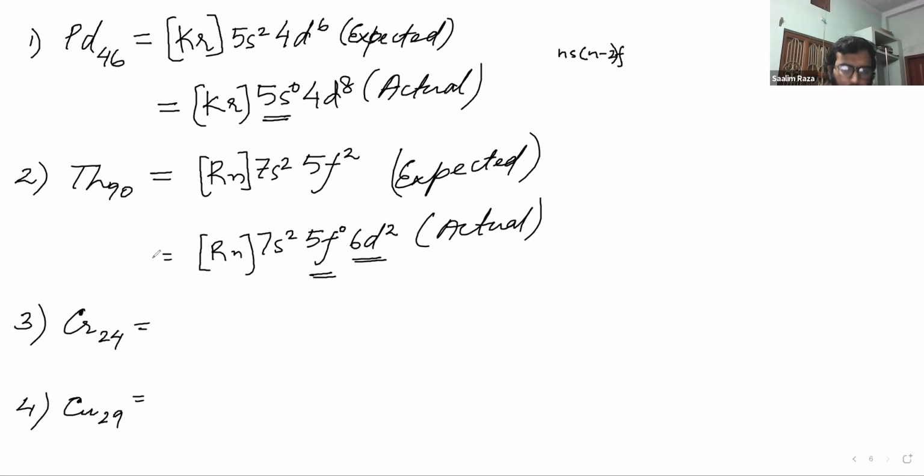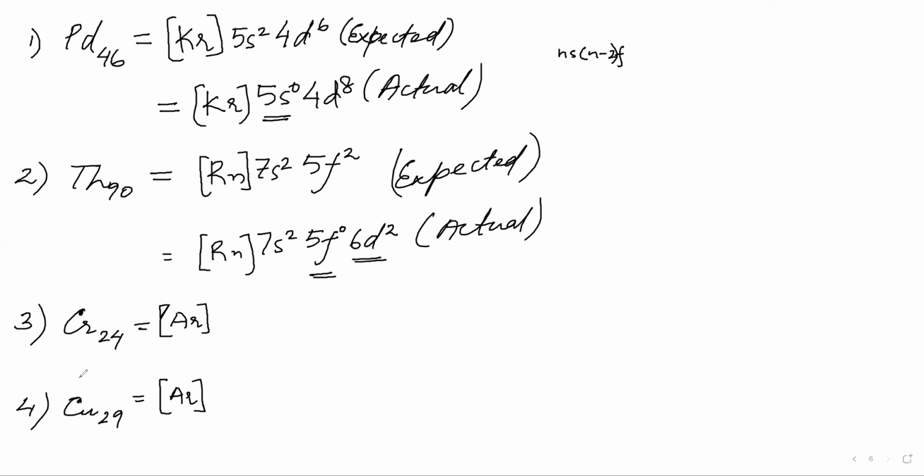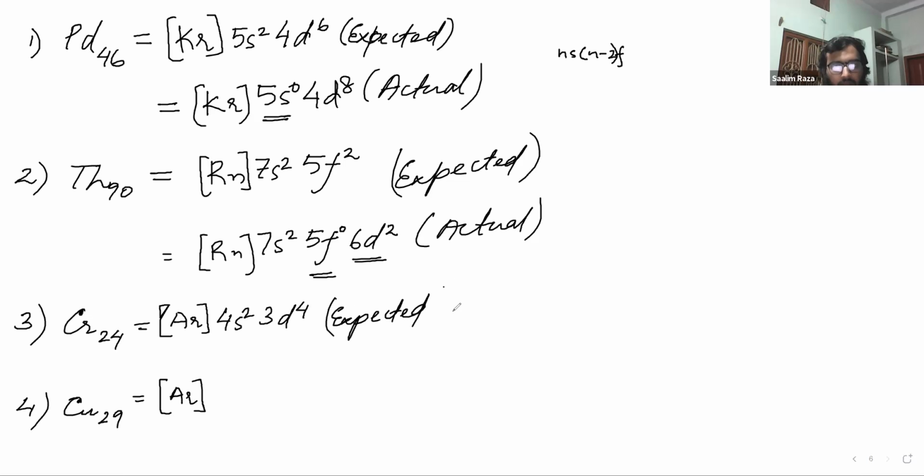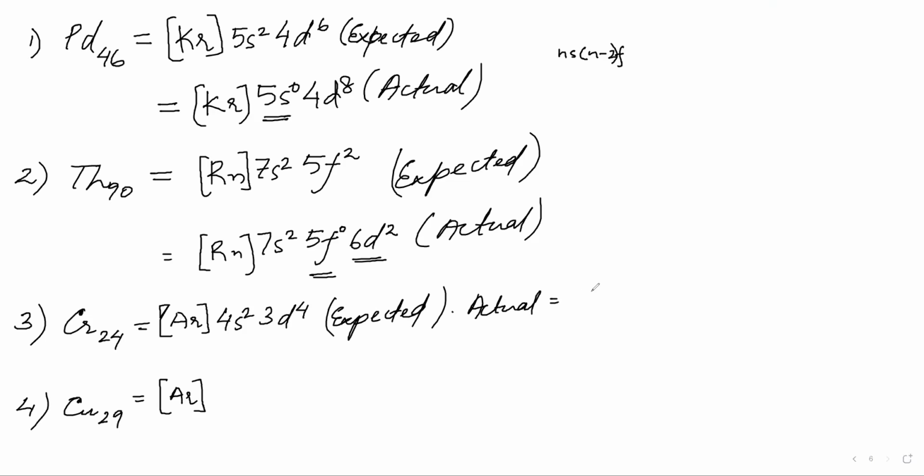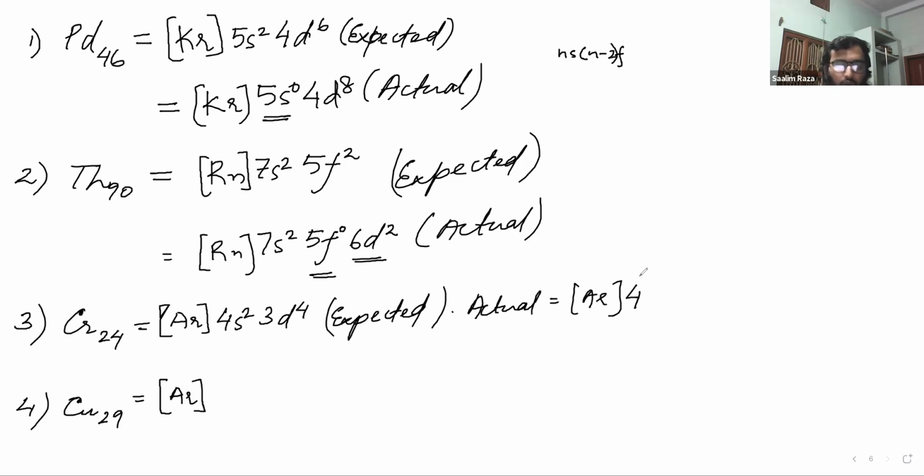Expected will be Ar 4s2, 3d4. Actual will be Ar 4s1, 3d5.